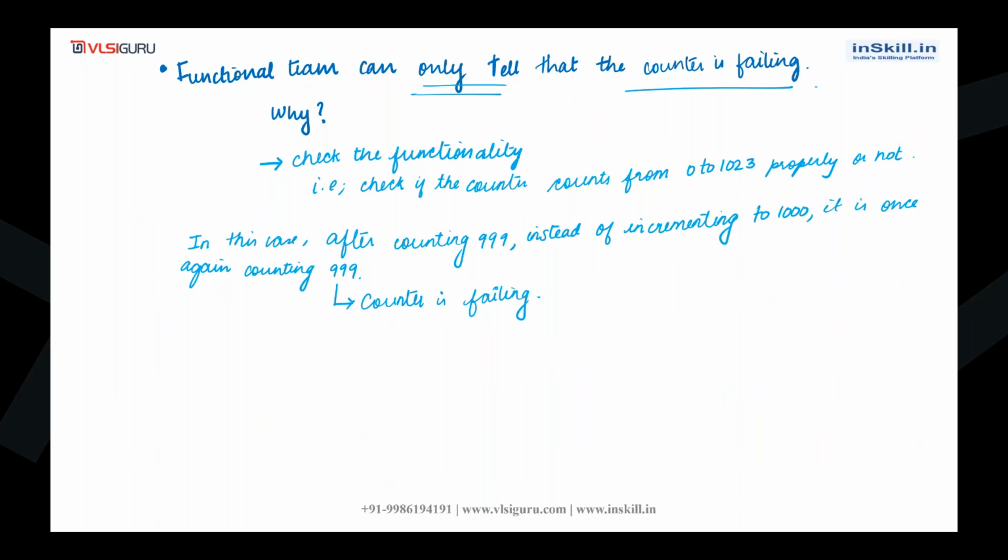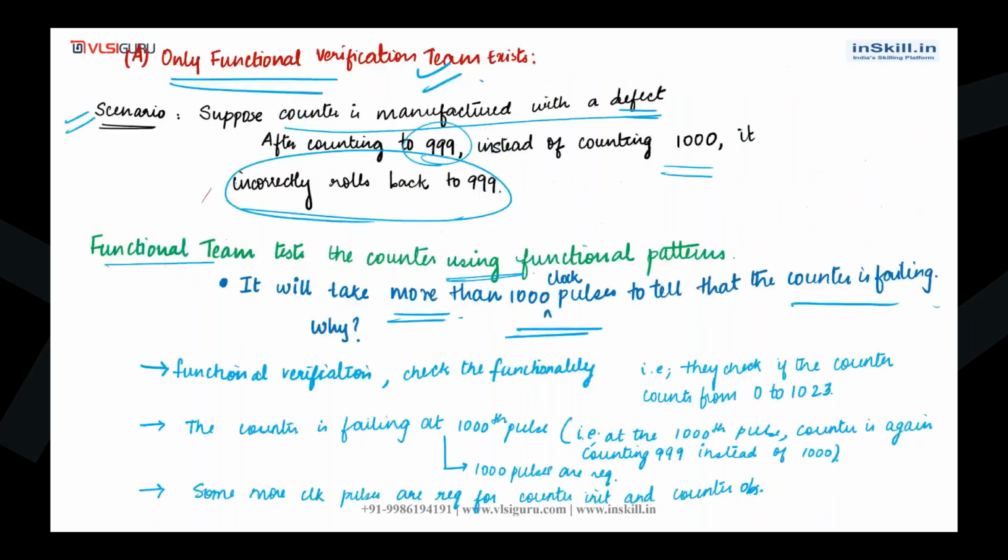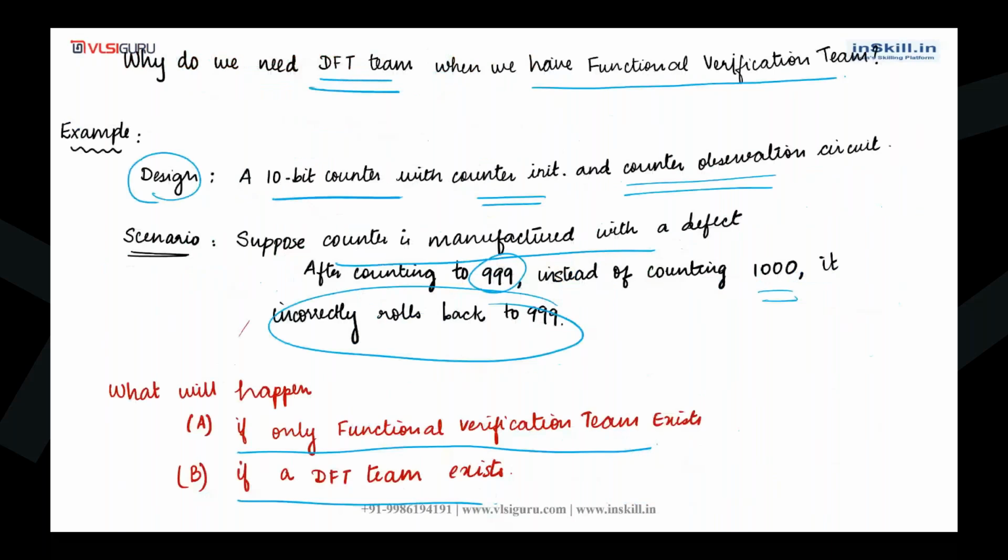Okay, so let me summarize the point before we proceed further. I am considering a design with a 10-bit counter, with a counter initialization and a counter observation circuit. Suppose the counter is manufactured with a defect.